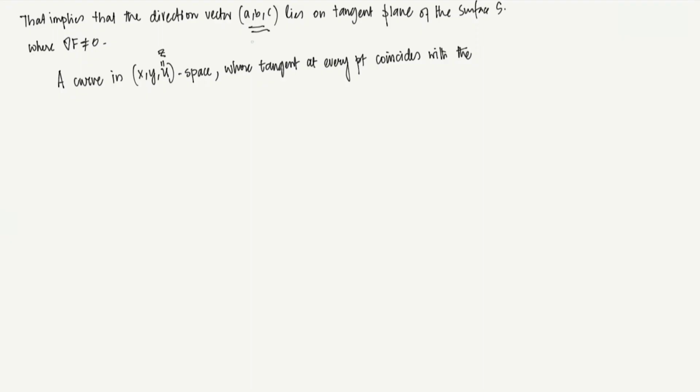We'll call this a characteristic direction field. Why characteristic? Because the whole equation is actually determined by ABC. If you change ABC, the equation changes. So basically we call it characteristic. A curve whose tangent coincides with the characteristic direction field ABC is called the characteristic curve.